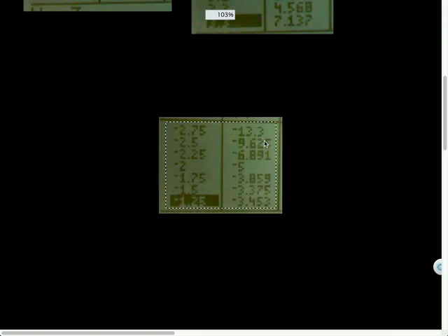So based off of that, check this out. It is going up, up, up, up, up, and then it drops back down to negative 3.4, right? So if it was going up and then down, is that a min or a max?